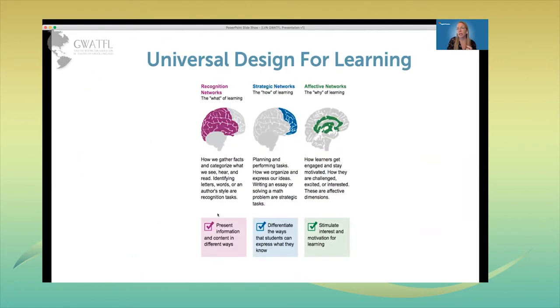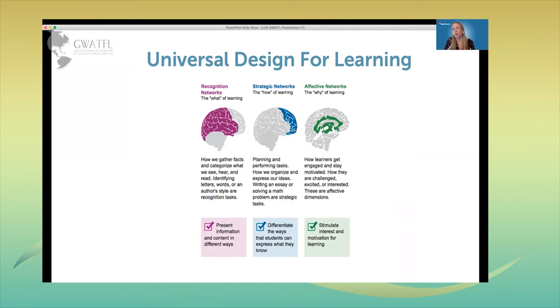One of the things that can be overwhelming when you're trying to really address all the different learner variability that you see in your classroom is how to meet the needs of hundreds of individual learners, right? And so this is where the principles of universal design for learning can really be helpful, because universal design for learning acknowledges, just like learner variability, that everyone is different and has unique needs.